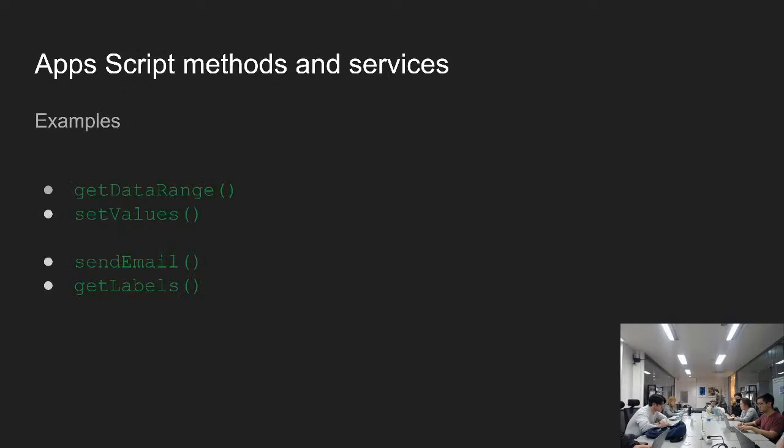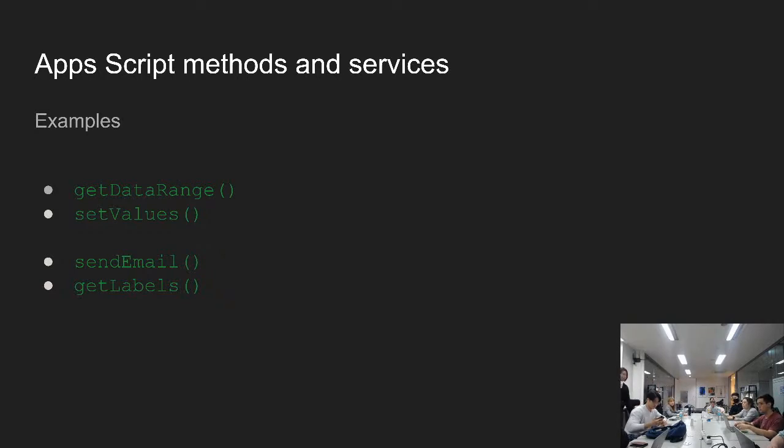All right, some of the functions that we're going to be playing with: we have getDataRange, which is really important. This method retrieves all the data in a sheet, which you can call by name or by whatever the active sheet is. Then you can use setValues, where you can programmatically create the values inside cells within sheets.